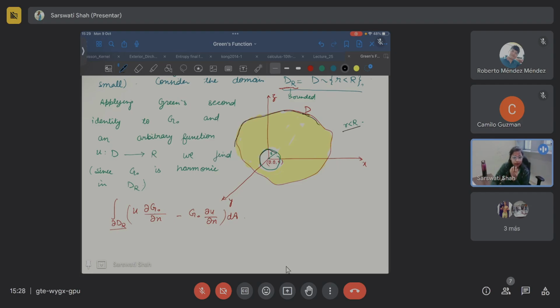This boundary will be known as the interior boundary. Just keep in mind, if you are considering a Dirichlet problem on the circle of radius r, then for the exterior Dirichlet problem the region will be this and the boundary will be this.